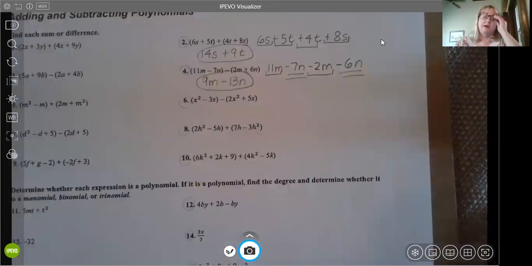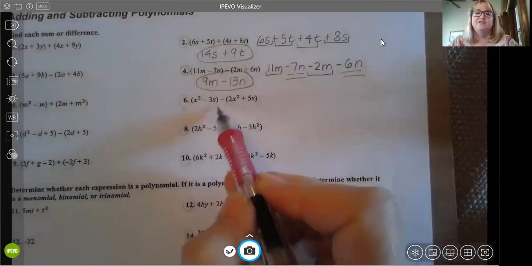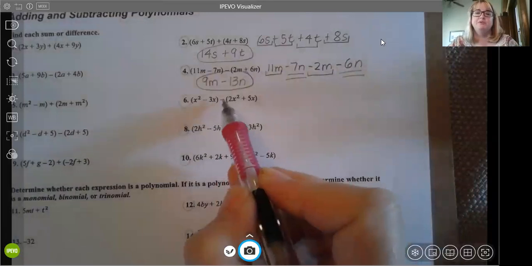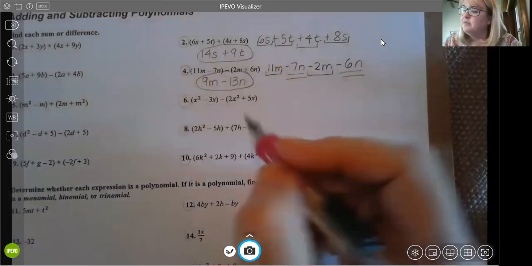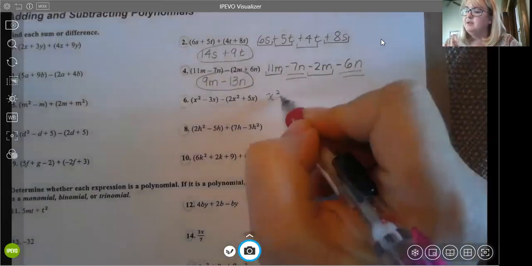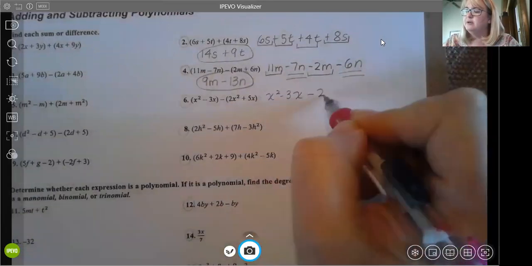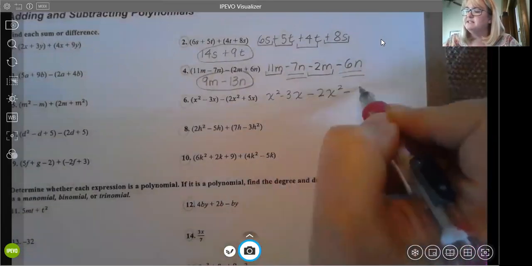6 is also subtracting. So we can drop the parentheses on this first grouping, but we'll have to distribute the minus sign on the second grouping. So the first grouping is x squared minus 3x, and then distributing the negative, minus 2x squared minus 5x.